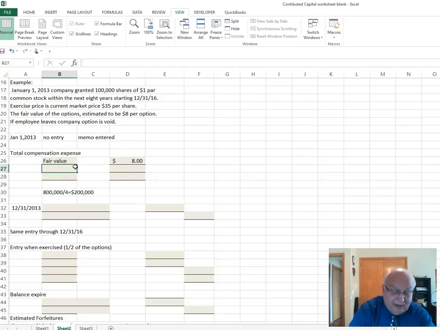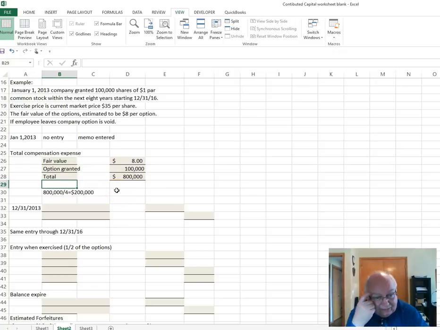The options granted were for 100,000 shares. So your total would be the $8 times the 100,000, or $800,000. That's over the period.